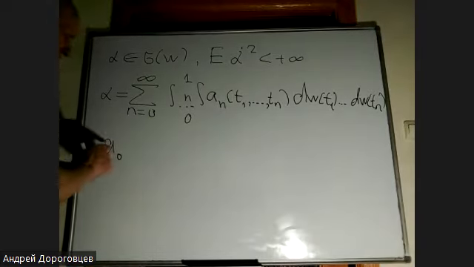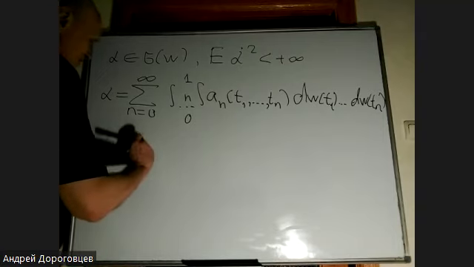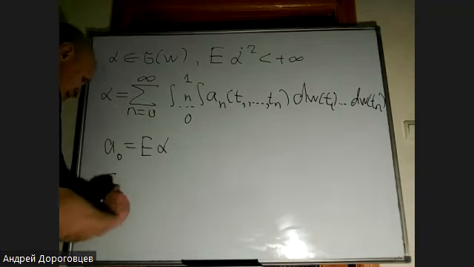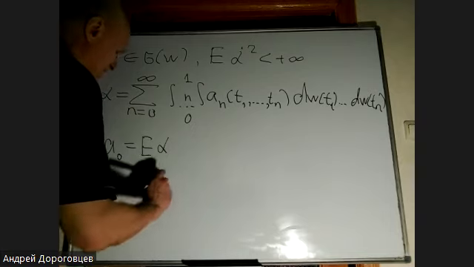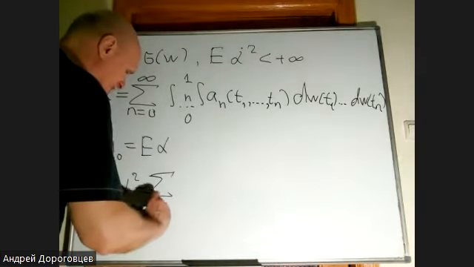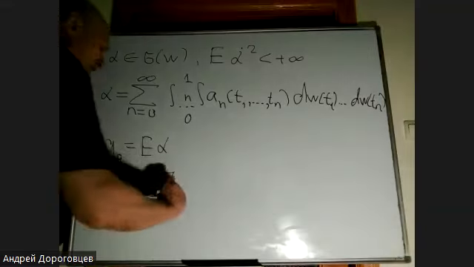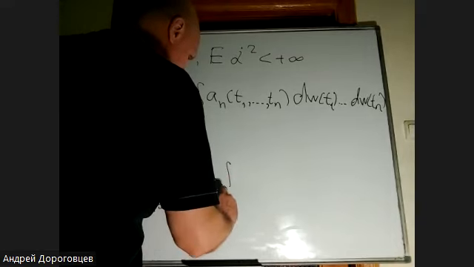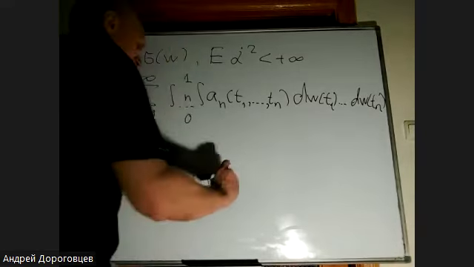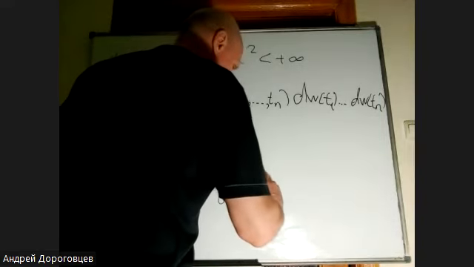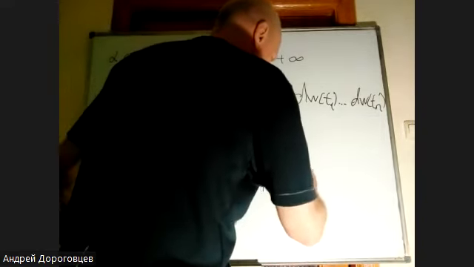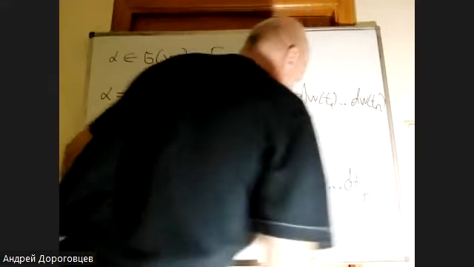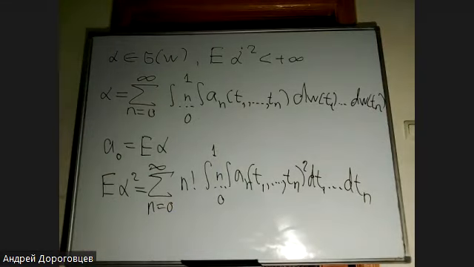There are no integrals there. This is just a number, and a_0 is equal to the expectation of alpha, and the expectation of alpha squared is equal to the sum from n equals 0 to infinity of n factorial multiplied by the integral of a_n(t1,...,tn) squared dt1...dtn, and the a_n are symmetric kernels.